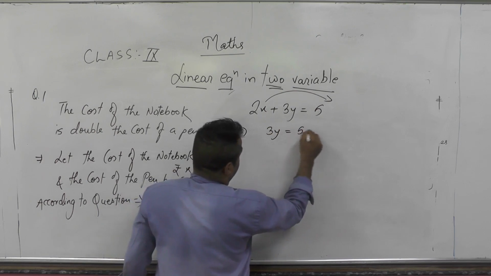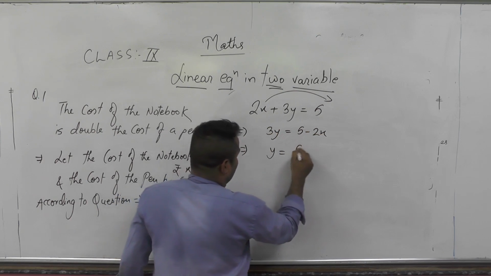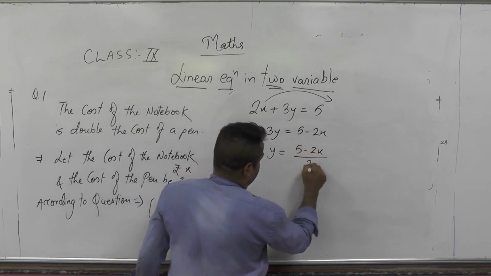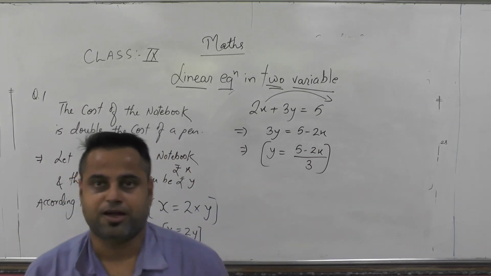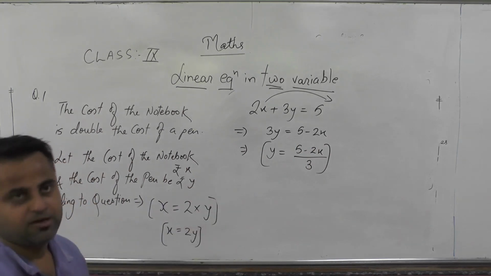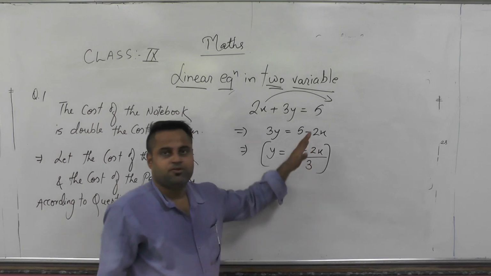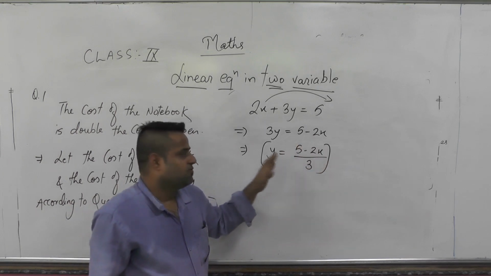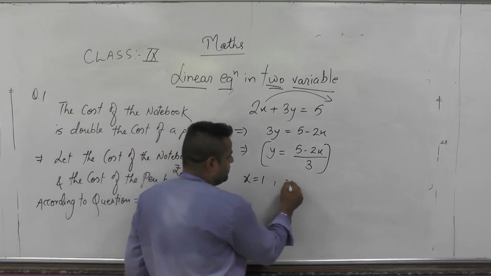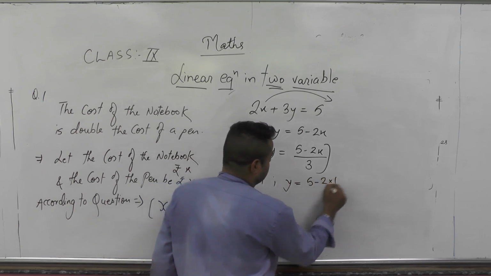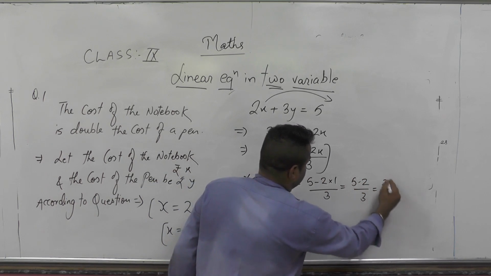So this will become 5 minus 2x, and then this 3 will transpose, so that we can find the value of y from this arrangement. Now in this arrangement you just need to keep the value of x, and you will get the value for y. Like you can keep x equals 1 here, y will automatically come: 5 minus 2 ones are 2, upon 3, that means 5 minus 2 is 3, by 3 is 1.